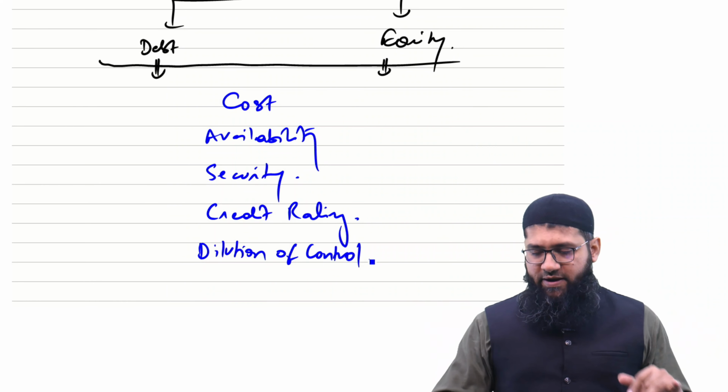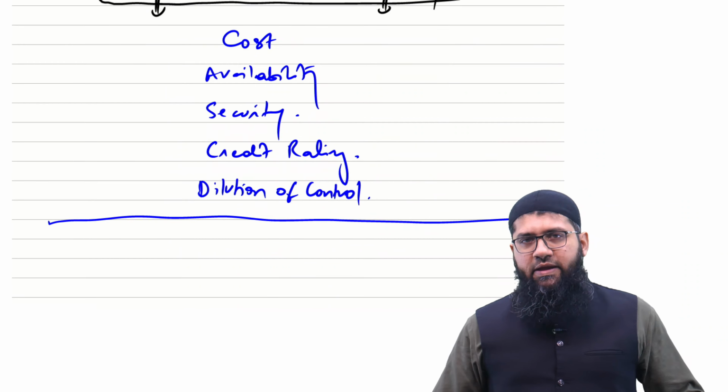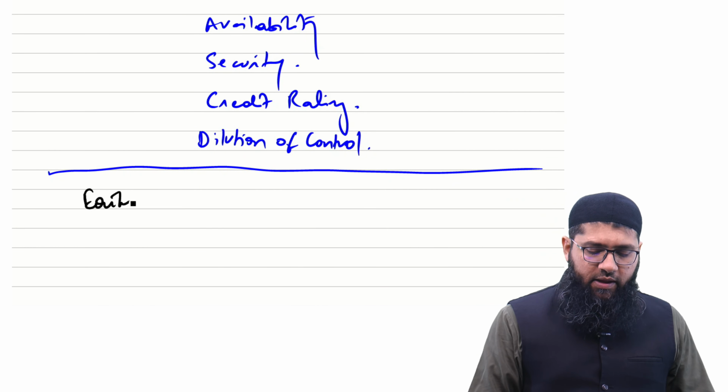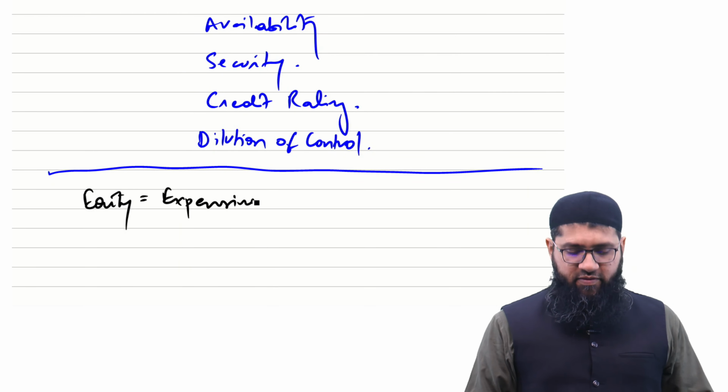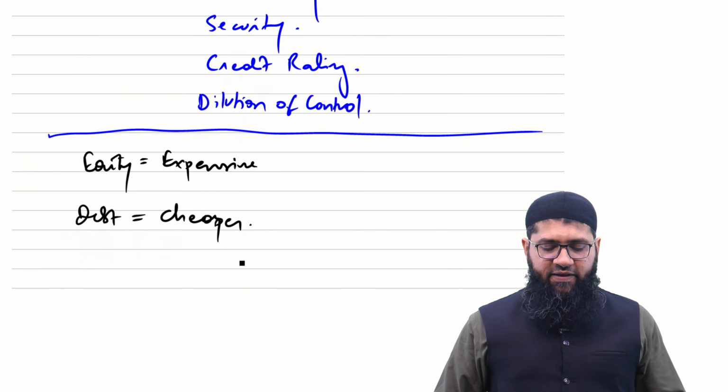So again, there are multiple factors, but there is something very important which you need to consider. In general, equity is expensive and debt is cheaper. Now, what is the reason that debt is cheaper and equity is expensive?